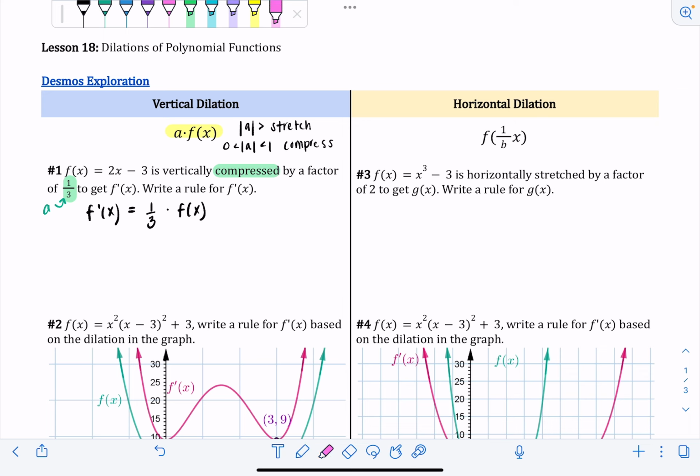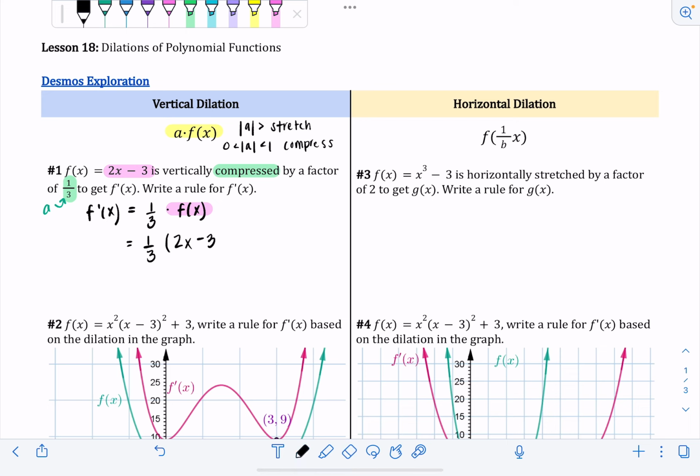And then now I just need to take what f of x is and put that in the function. Since there's multiple terms, I need to use parentheses here to make sure that I multiply the whole function by 1/3. So it'd be 1/3. If I just put times 2x minus 3, I'm not going to multiply the entire function by 1/3, and I have to in order to make sure I'm compressing the entire thing.